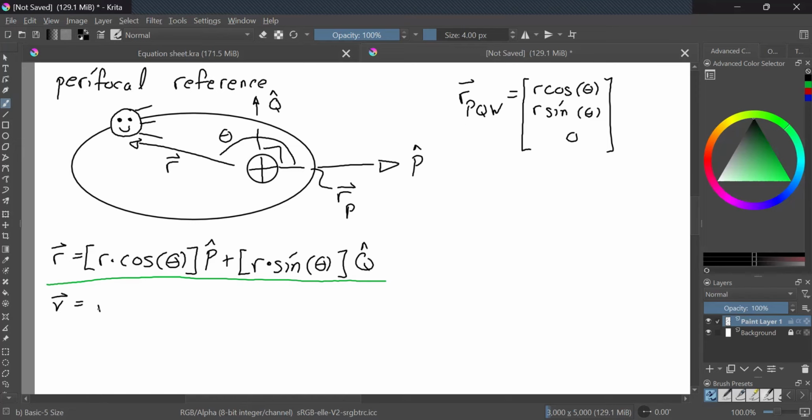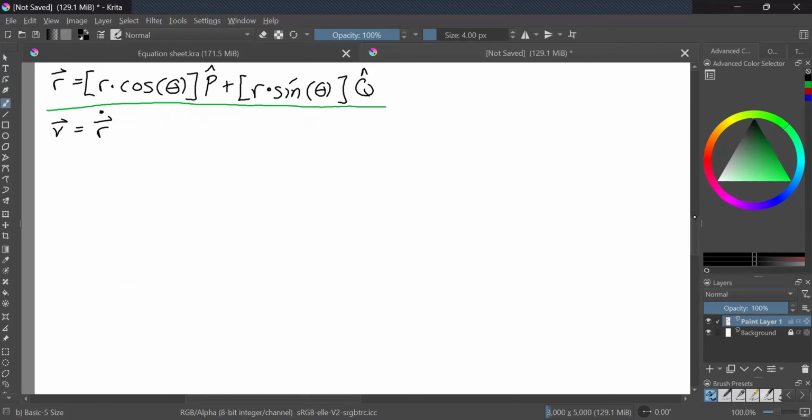And a good way of doing that is just taking the time derivative of the position vector. Let me scroll down here. And we have v is equal to, and so both of these components in the p term can have time-dependent solutions, I guess. They are both time-dependent.